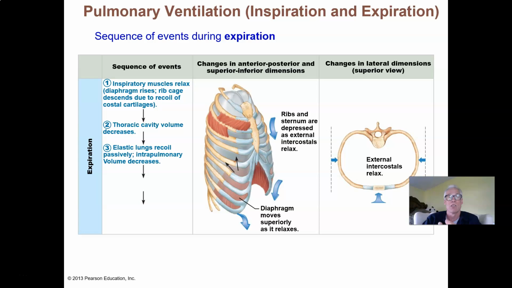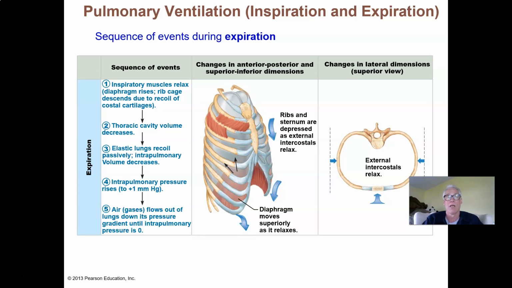The alveoli just want to shrink right down, and if we reduce the volume, we raise the pressure. And if there's a higher pressure inside the thorax than outside, air just flows out from higher to lower pressure. So we create a pressure gradient by first changing the volumes, and then the pressure changes and air flows.